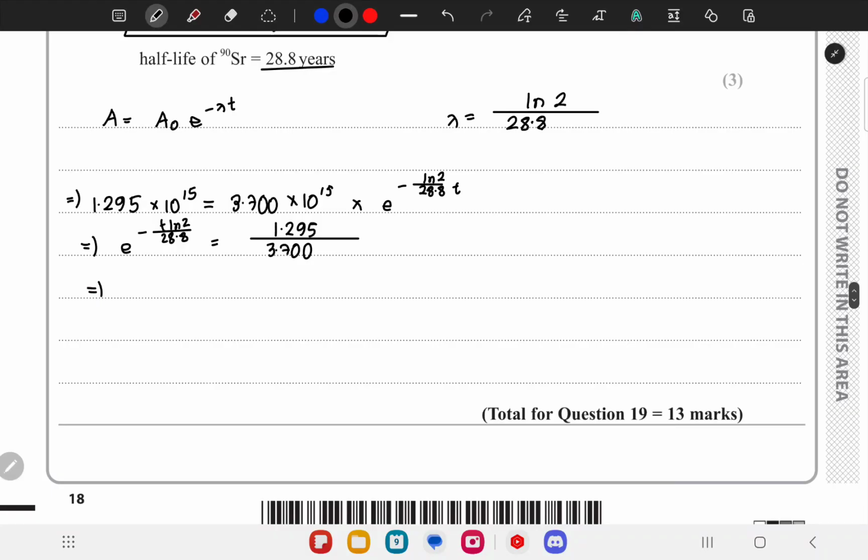We can take a ln on both sides. We'll get minus t ln 2 by 28.8 equals the natural log of 1295 by 3700.